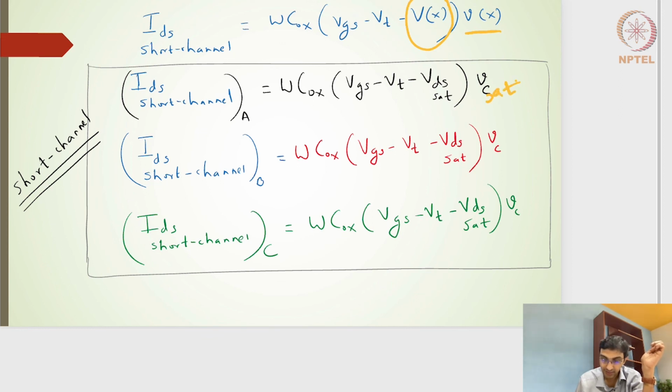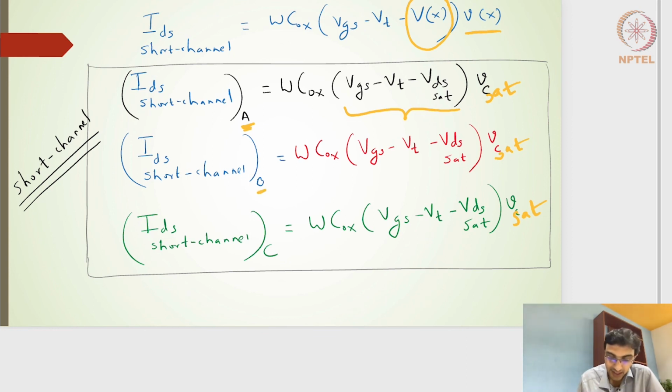Points A, B, and C are all giving me this particular expression. So VDS saturation is basically a constant value, which is nothing but 0.41. That is defined from where we have defined point A.